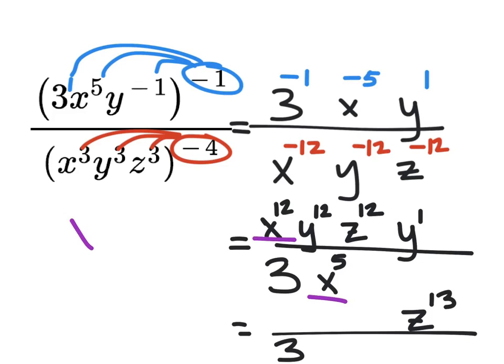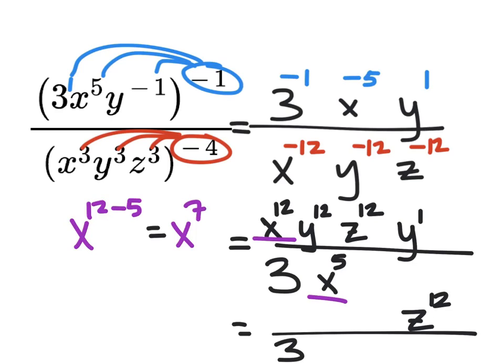Now we got an x to the power of 12 in the numerator, and x to the power of 5 in the denominator, so since it's a fraction, and that was z to the power of 12 there. So x to the power of 12 minus 5 is what we end up with, and that's going to be x to the power of 7. X to the power of 7, okay?